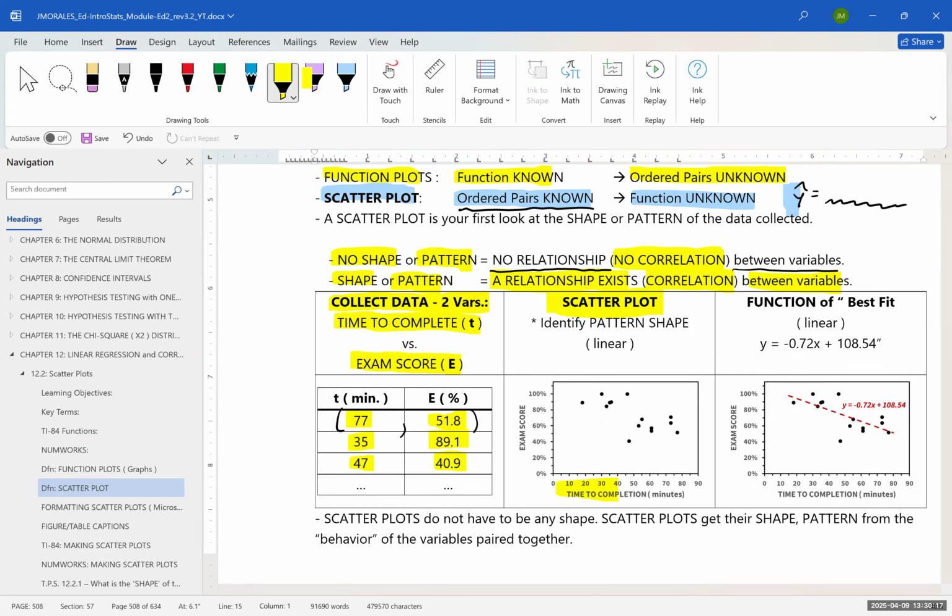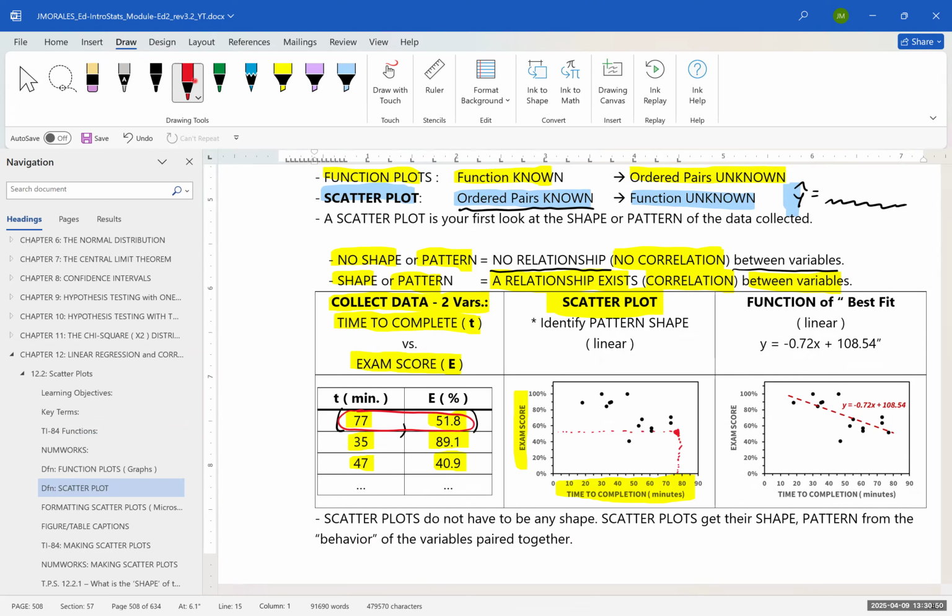So we have time to completion on the x-axis, and we have exam score on the y-axis. And let's see here, that point of 77, 51.8, this first ordered pair, so that would be 77 on the time to completion. That would be somewhere right about here. And 51.8 is just going to be above 50. So I believe it's this point right there.